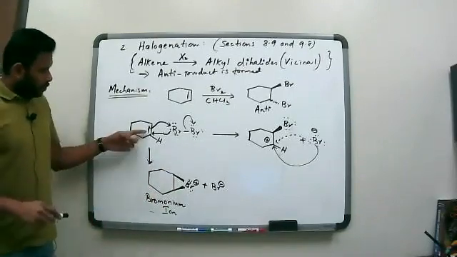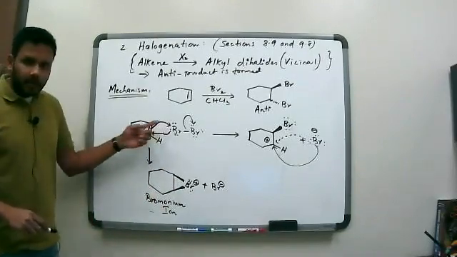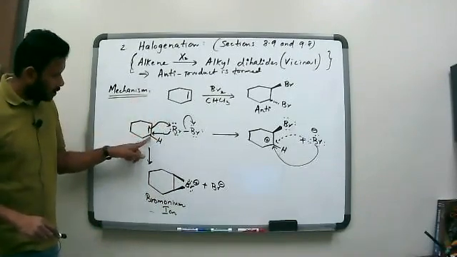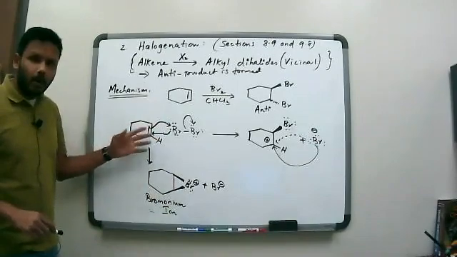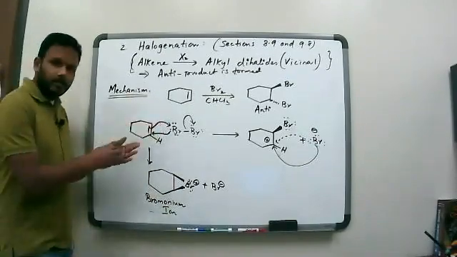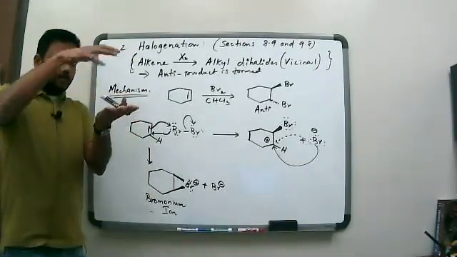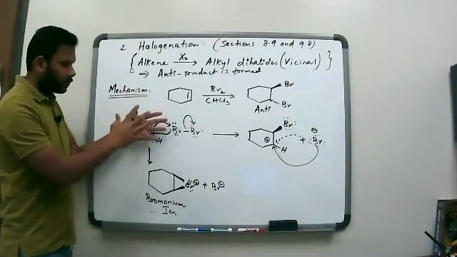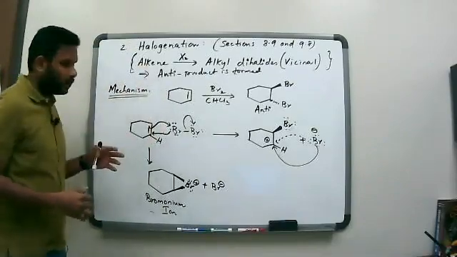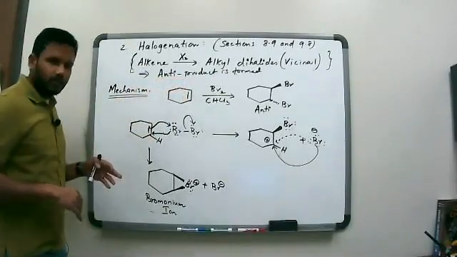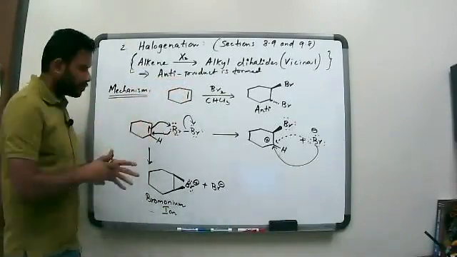Now, when this initial attack of the olefin happens, also realize that the carbons that are part of this pi bond are sp2 hybridized. That means they are flat. And the pi bond has one lobe that's above and one lobe that's below, or in this particular case, one pi cloud in front and another pi cloud at the back. So both pi clouds could go and attack the bromine.